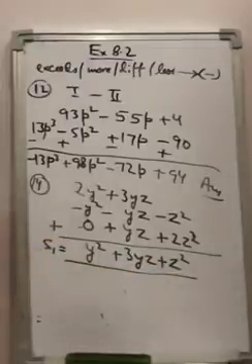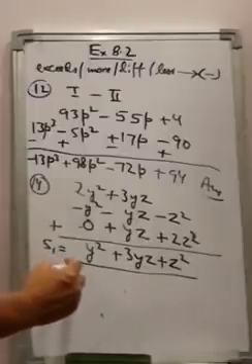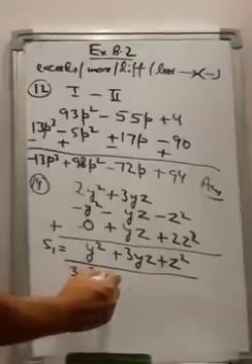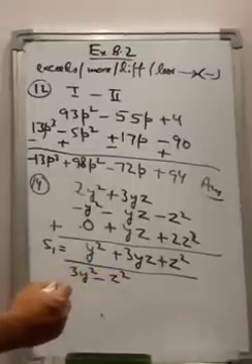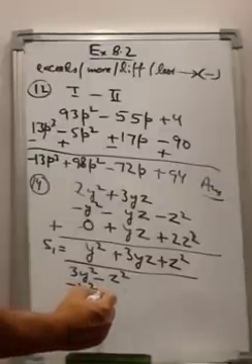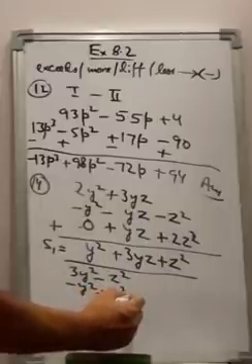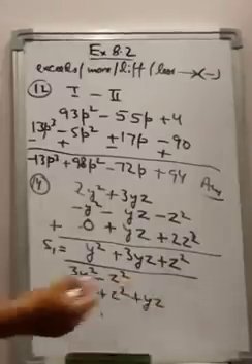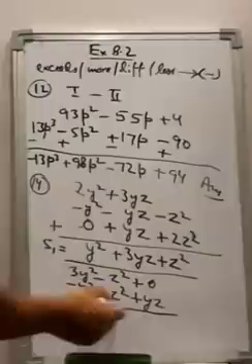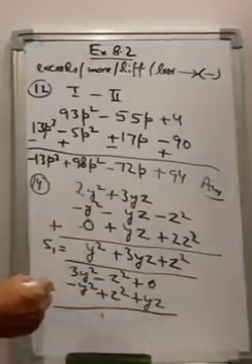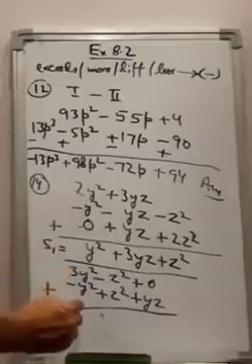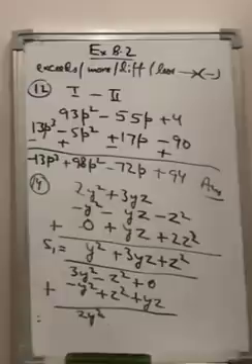Now the second combination has two expressions, 3y square minus z square. This is the first expression, and the second expression is minus y square plus z square and plus yz. This also doesn't have a like term. So if you wish, you can write 0, or if you are leaving space, that also does not matter, right? And we are using plus sign. We are adding them. So 3 minus 1 will be 2, 2y square, right?